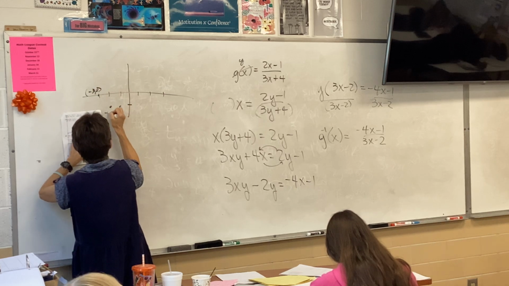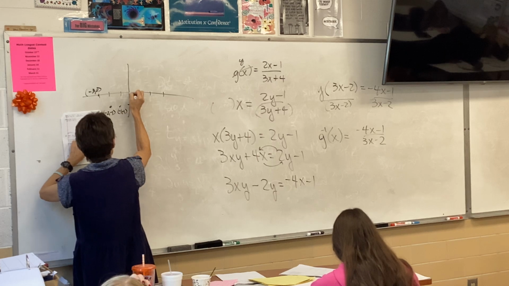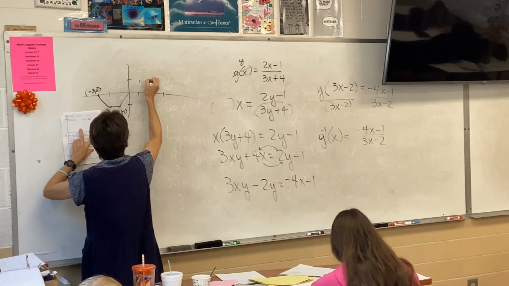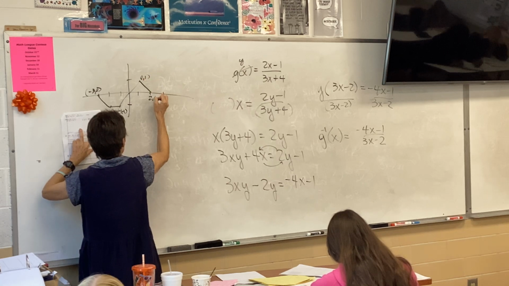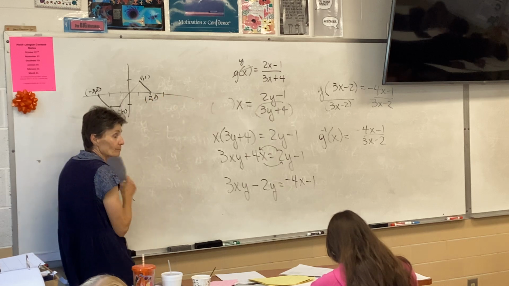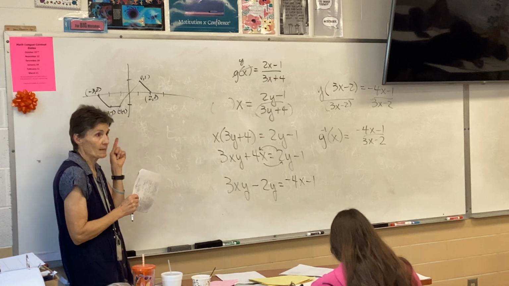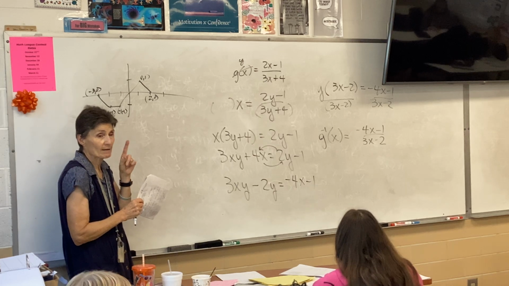You don't have to do this, but remember, to sketch the inverse, I am going to switch all the ordered pairs, right guys? So it helps me to have them all labeled, but you don't have to do that. I'm not grading that, but you are going to have to sketch the inverse.